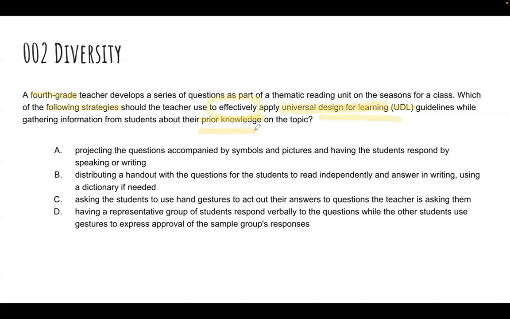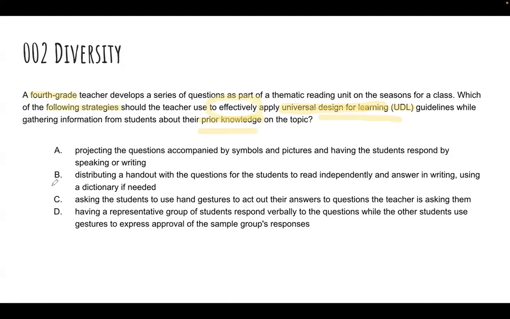To understand about the prior knowledge, let's take a look at these answer choices. A, projecting the questions accompanied by symbols and pictures and having the students respond by speaking or writing. B, distributing a handout with the questions for students to read independently and answer in writing using a dictionary if needed.